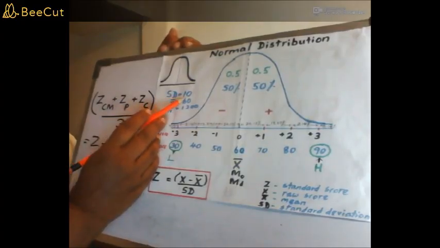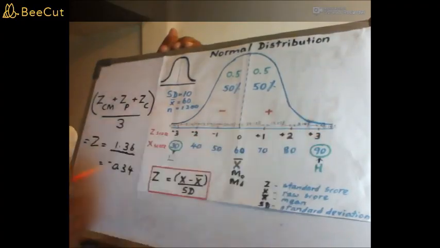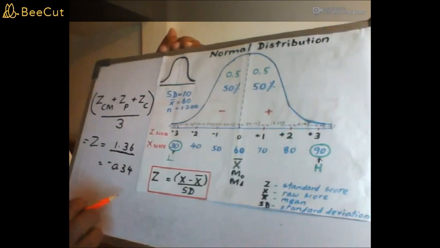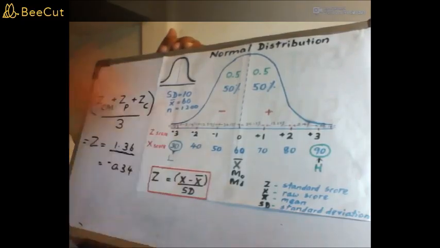Standard deviation is 10. So it's a ruler, right? In the normal distribution, we are using a ruler. Now in the percentage ranks, what's the ruler? 0 to 100. According to the percentages and percentiles, the ruler is a 100-point scale.